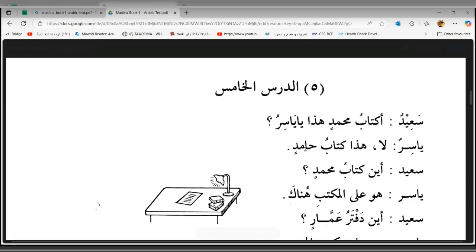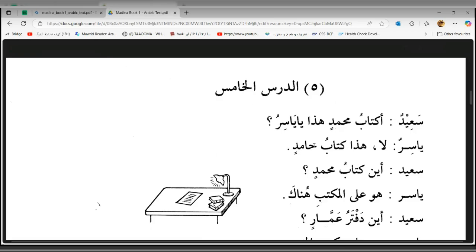هذا كتاب حامد. This is Hamid's book. So you notice the form Kitabu Hamid. The owner comes after the owned. Kitab, the book, is something that's owned by Hamid. So Hamid is the owner.